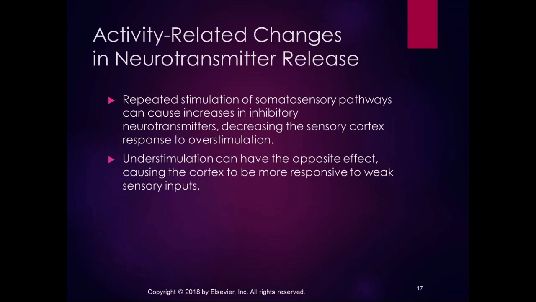Vigorous activity in Parkinson's actually causes dopamine to persist longer in the synaptic cleft. It doesn't get taken up as quickly. And so even though you have a diminished amount of dopamine, you can get better use of the dopamine that you do have.